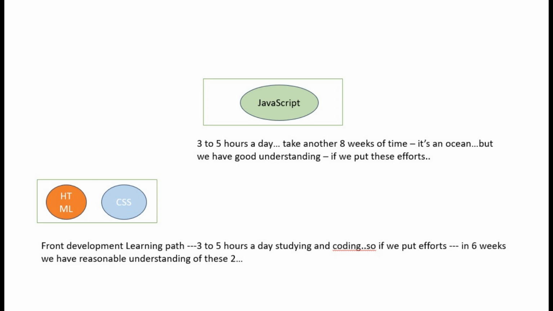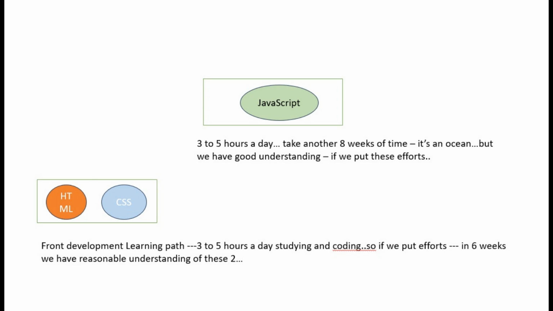For learning JavaScript, again 3 to 5 hours a day studying and coding, approximately 8 weeks we can take to get professional knowledge. It's a big ocean, but we have significant knowledge of JavaScript, and we can take the hat of a front-end developer after learning HTML, CSS and JavaScript.